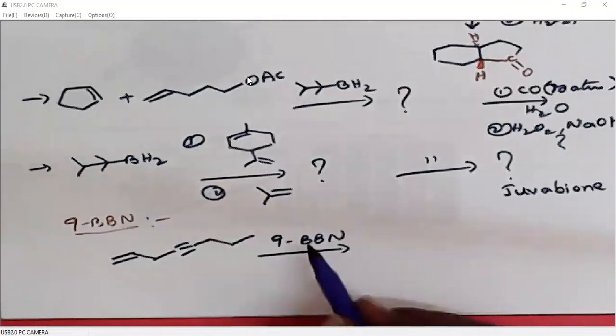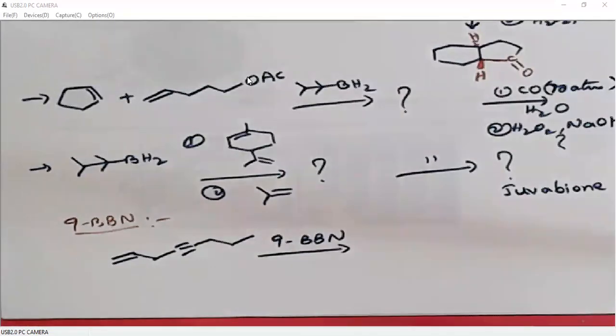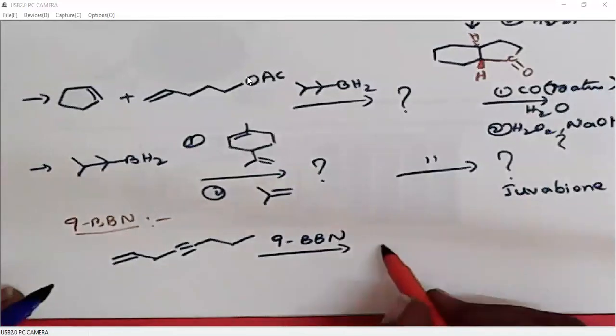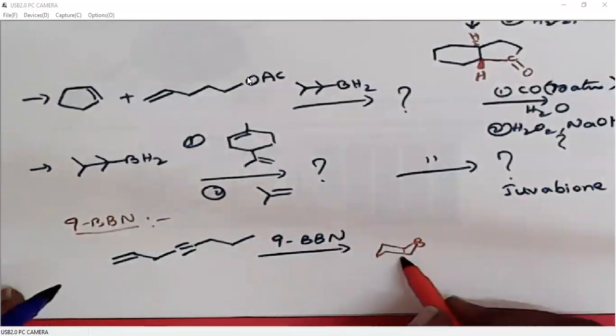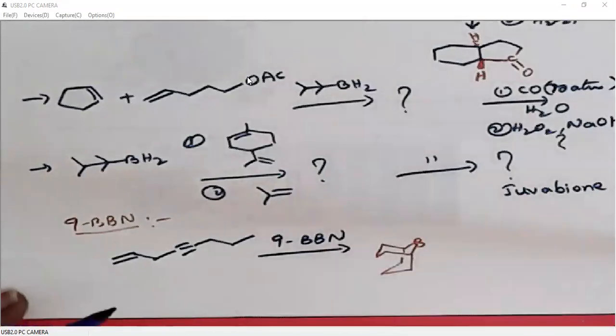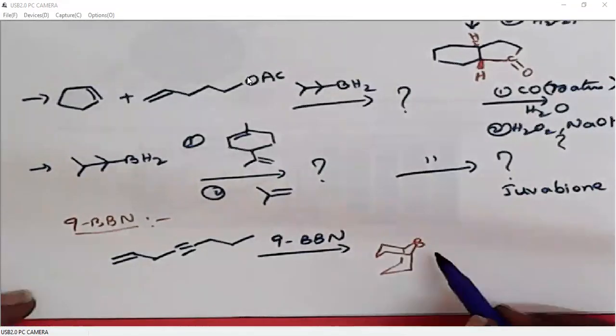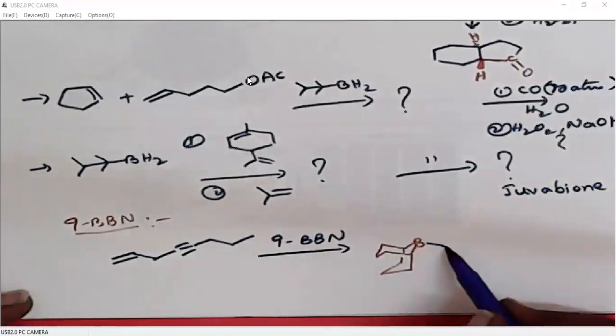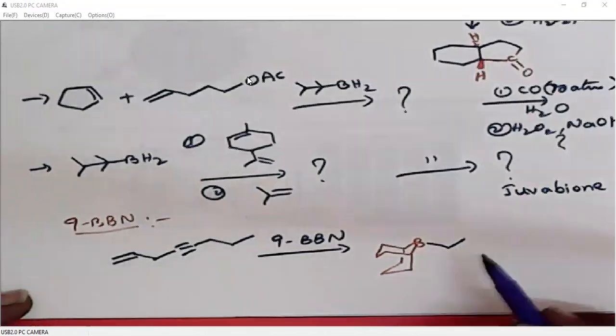So when we reduce it with 9-BBN, only the terminal double bond, this double bond, will undergo reduction.